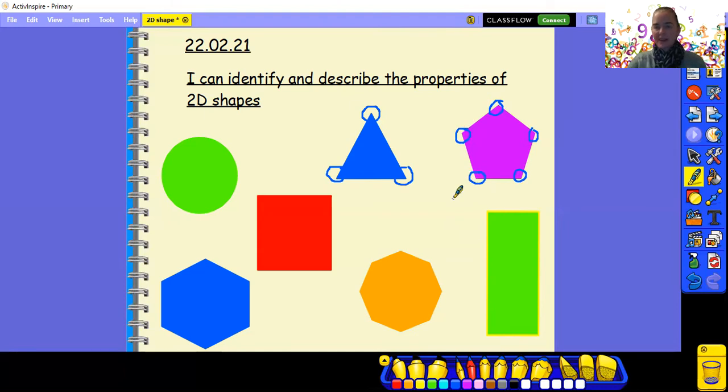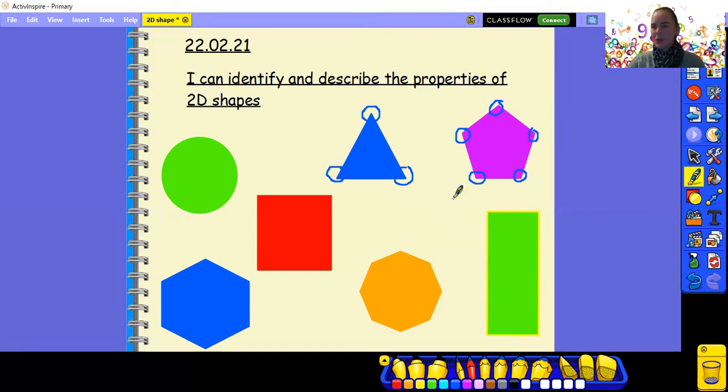So a pentagon has 5 sides and 5 vertices. How many sides and vertices do you think an octagon has got? There's a clue in the name. The word octo means 8. Have a think what other words you might have which start with octo.